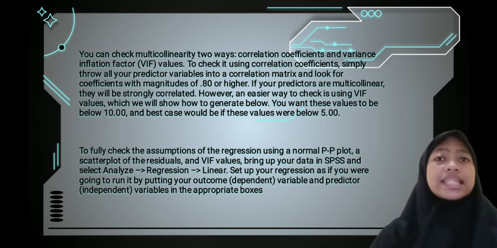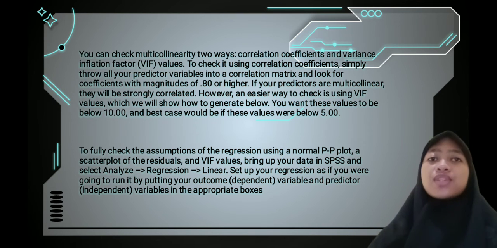To fully check the assumption of the regression using a normal P-P plot, a scatter plot of the residuals, and VIF values, bring up your data in SPSS and select Analyze.